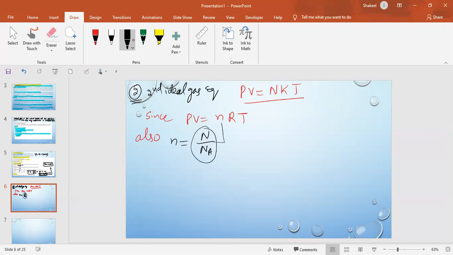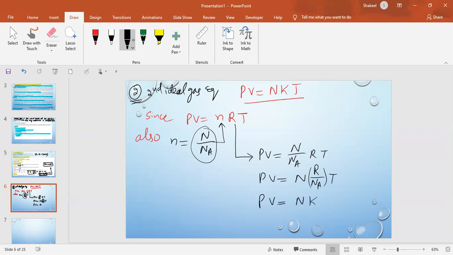So when you replace that, PV = N over N_A times RT. Then you rearrange it: R over N_A into T. And this R over N_A is known as k, which is the Boltzmann constant.